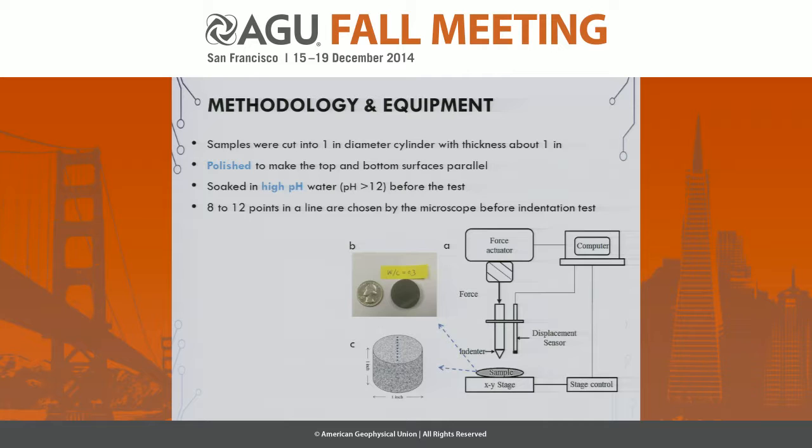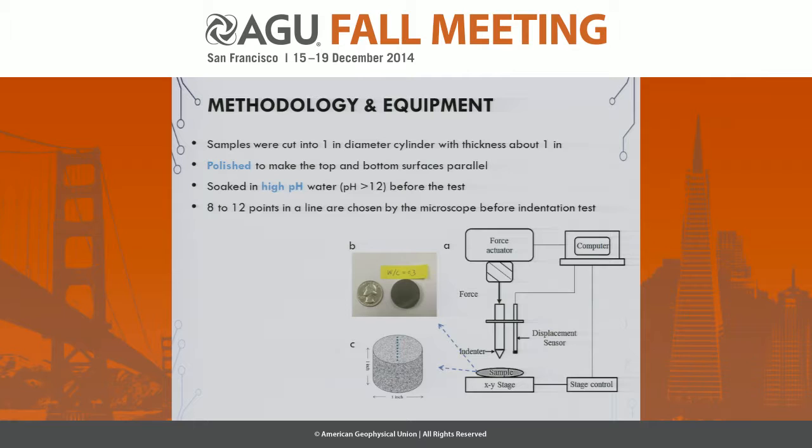The picture on the top is a sample of the cement we made. It was cut into a 1-inch diameter cylinder with a thickness about 1 inch. Also polished the bottom and the top to make the surfaces parallel and soaked in high pH water before the test. On the bottom is an example of the indentation line.